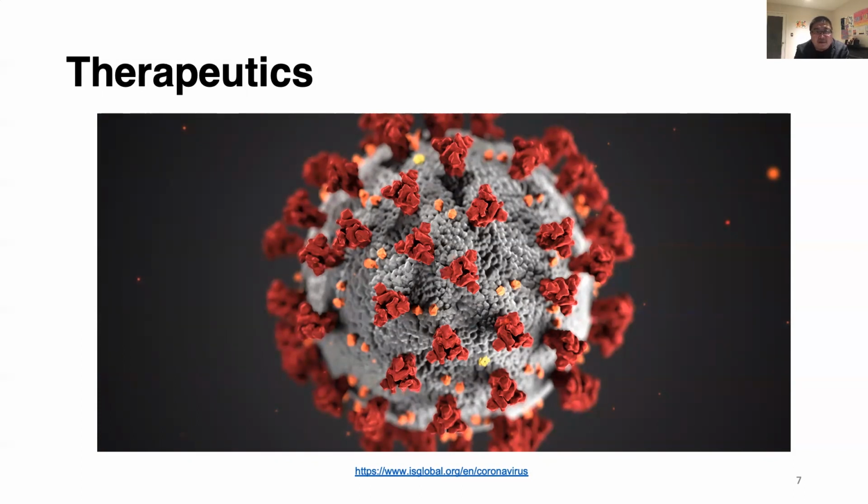If we can understand how this virus attacks the human organ system, then we can derive appropriate ways to reduce the impact, and maybe even for early intervention or treatment.